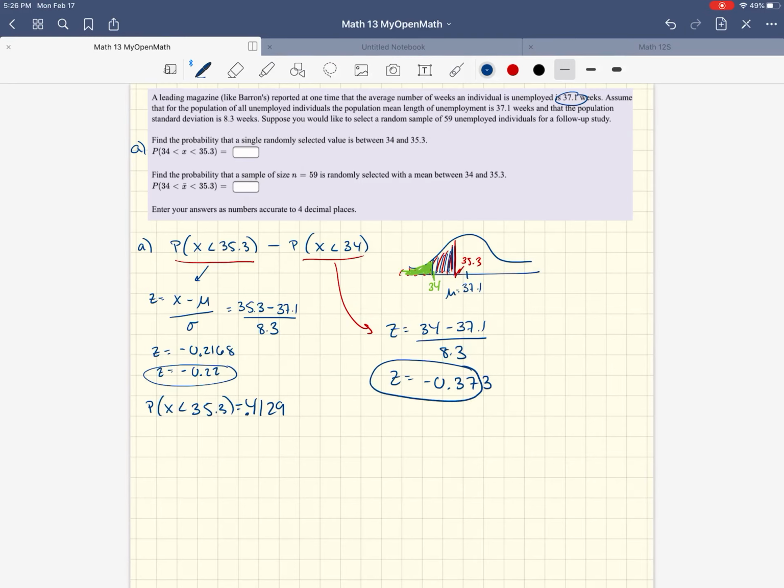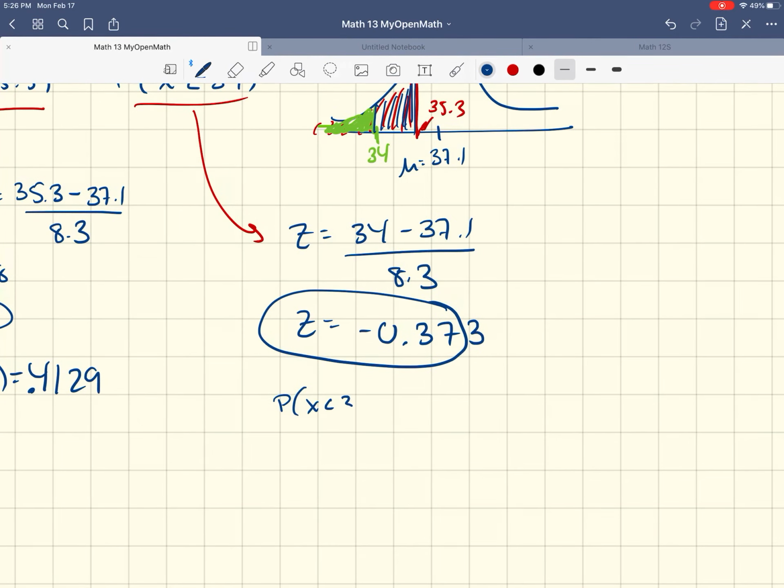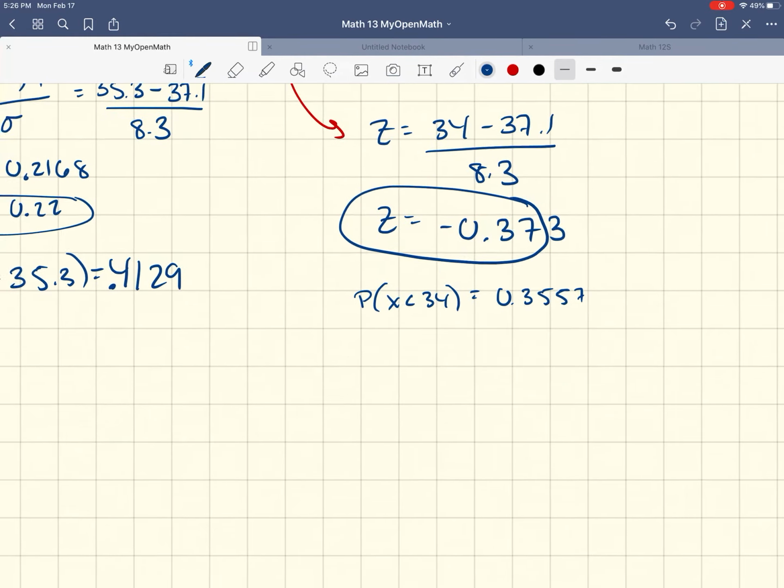Going back to my probability table, 0.37 would be over here, 0.3557. So this is the one we're going to pick. So the probability that x was less than 34 was 0.3557.